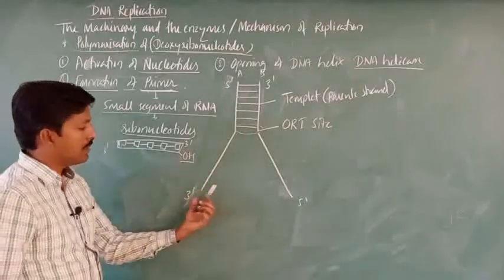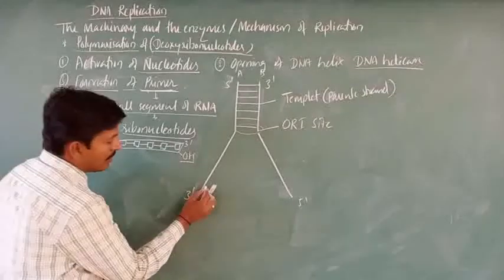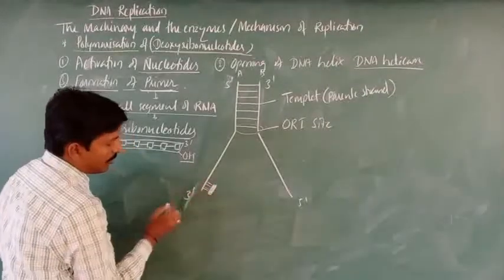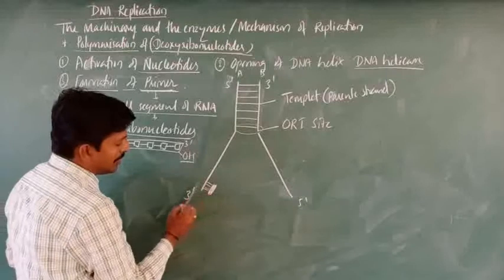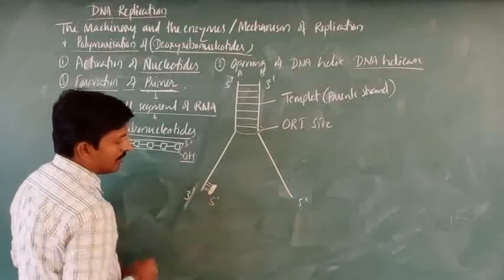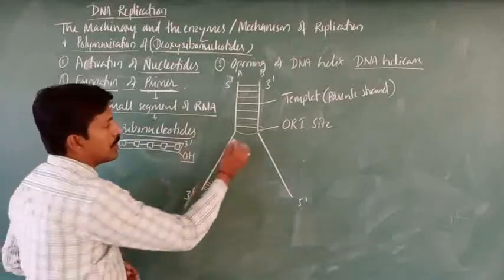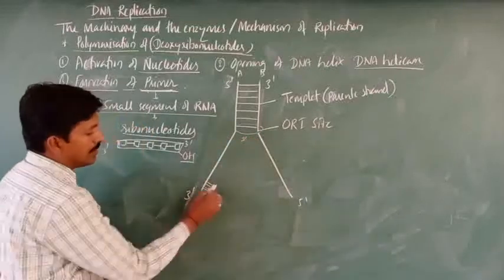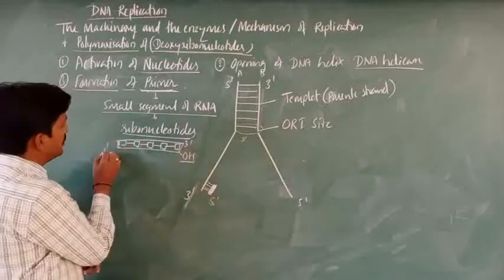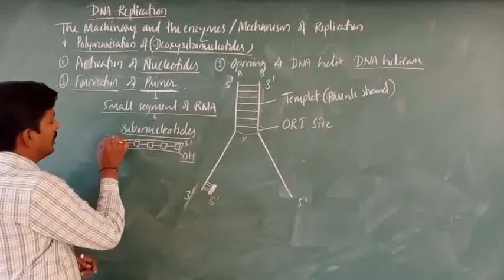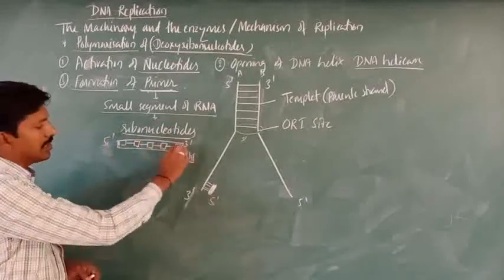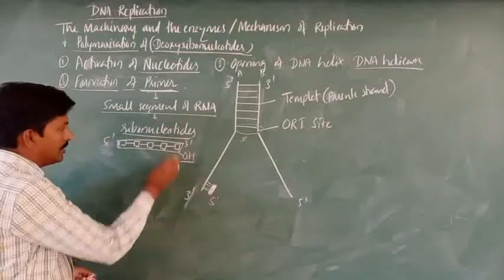For that sake, primer formation takes place. Primer begins at the fifth end, from fifth to third end, right. Now I will consider a single strand like this.